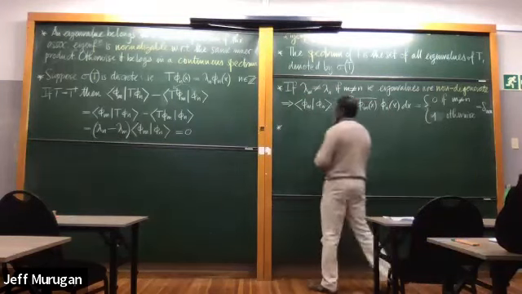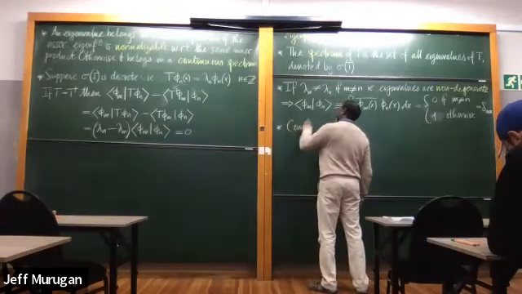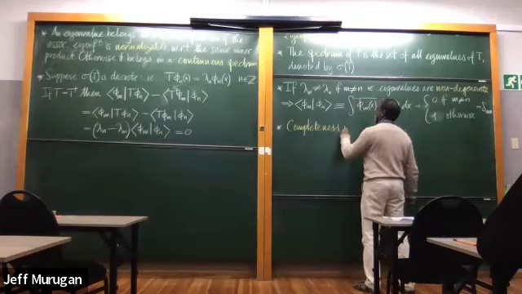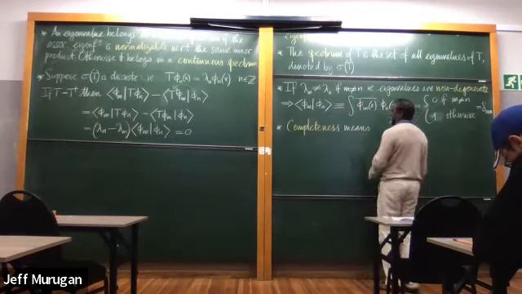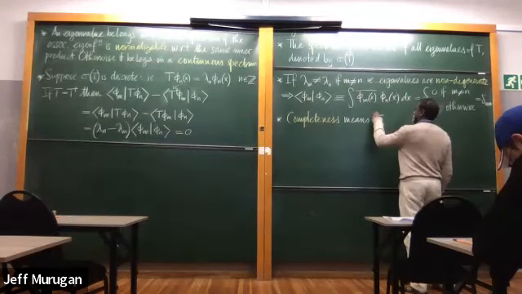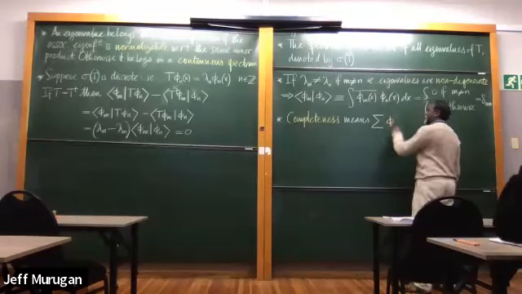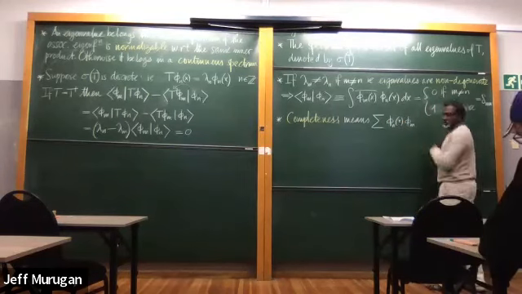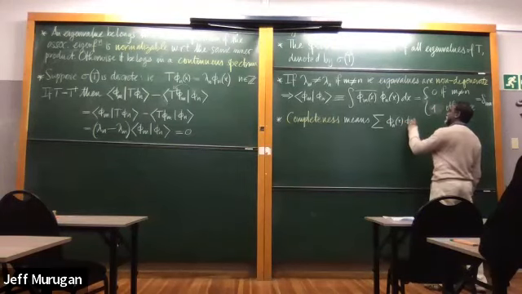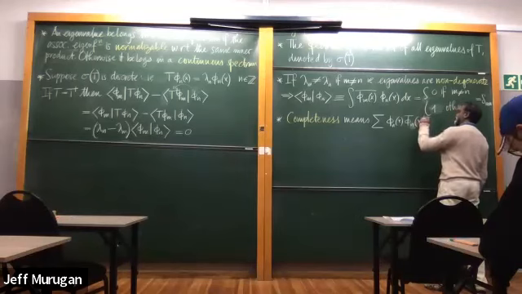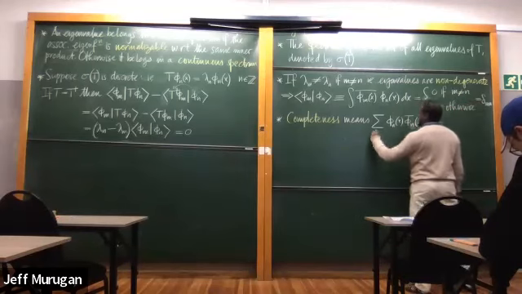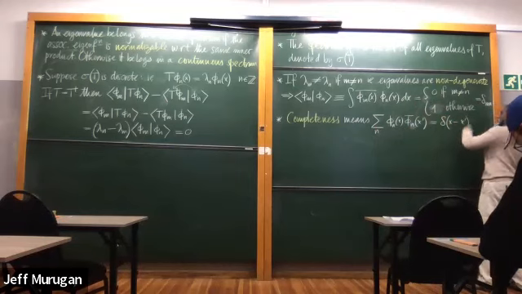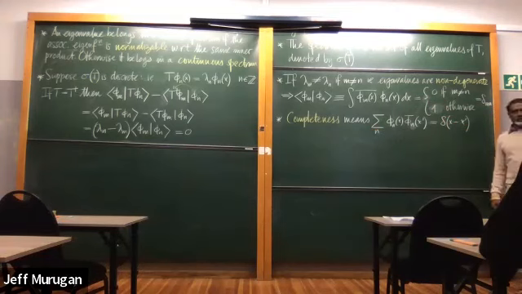Completeness, on the other hand, means that if I take phi_n of x, phi_n of x prime bar, and I sum over the n's, then this is the Dirac delta function, delta of x minus x prime.